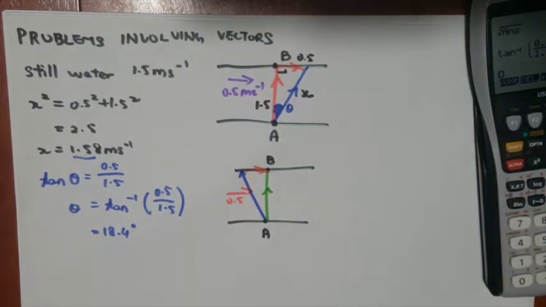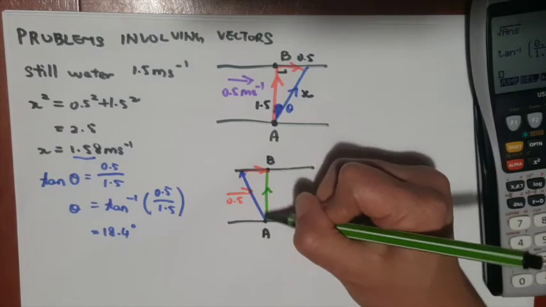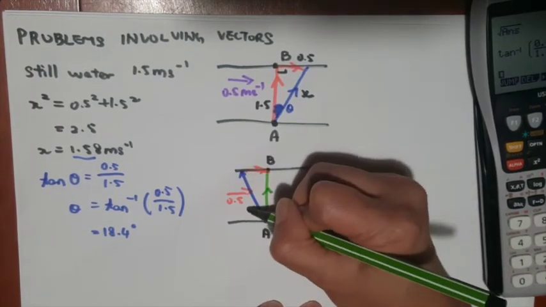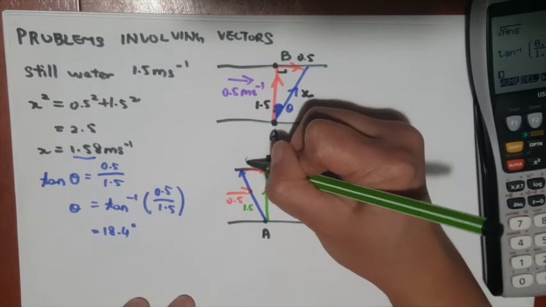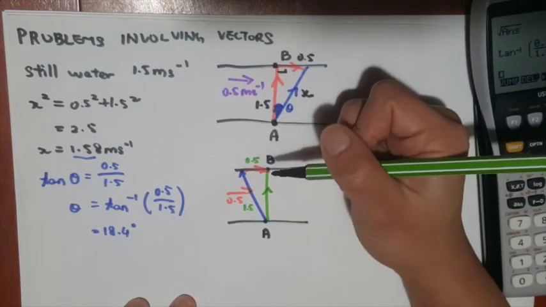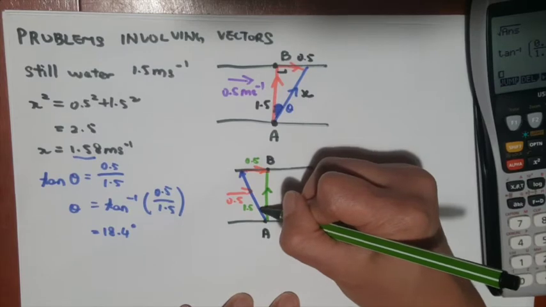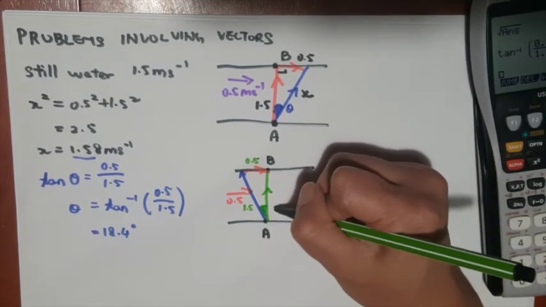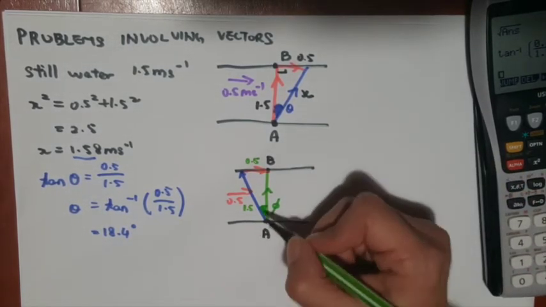So at what angle should Jason aim? Now we know that this is the swimming in still water, therefore this is 1.5. That's the current, which is still 0.5. To consider the direction, let's consider the angle right here, and call this angle phi.